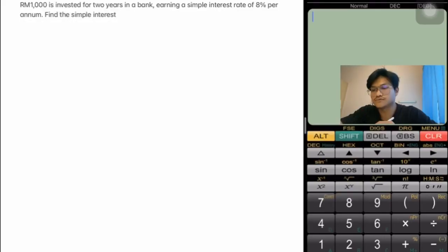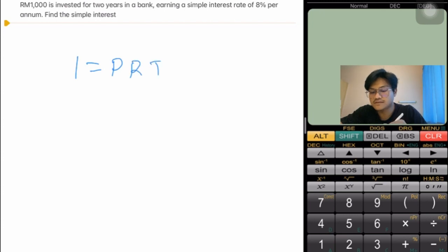When you invested 1,000 ringgit, we have a formula: I equals PRT.